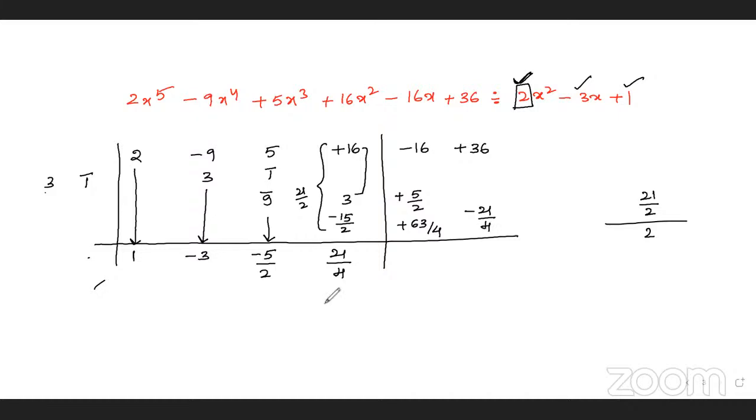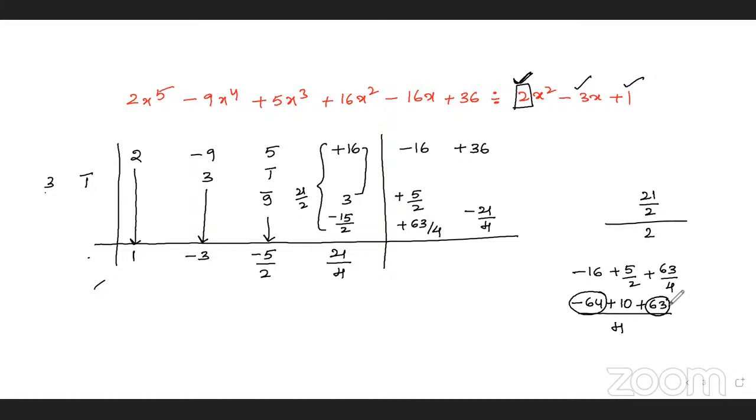Okay. Now 16 plus 5 by 2 plus 63 by 4. So our LCM will be 4. So the minus 64 plus 10 plus 63. So you can see this one and this one.